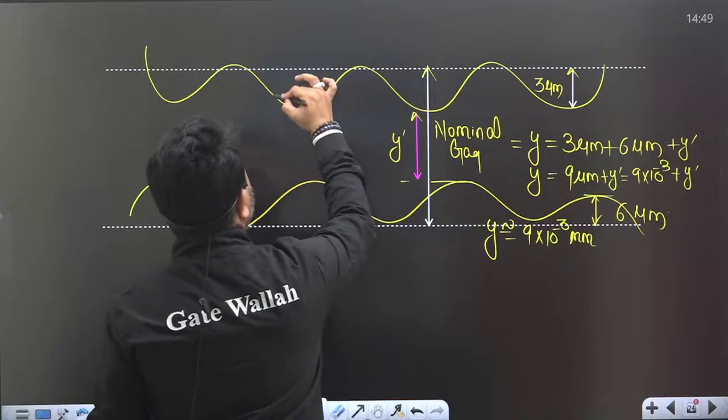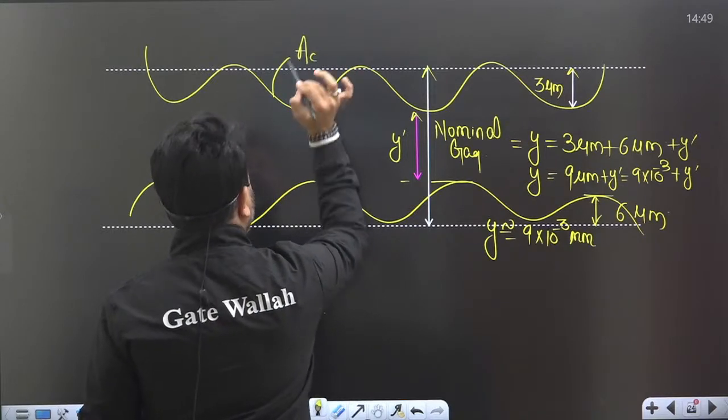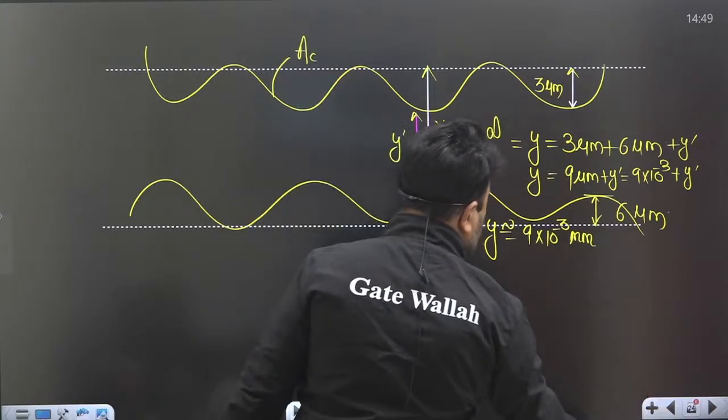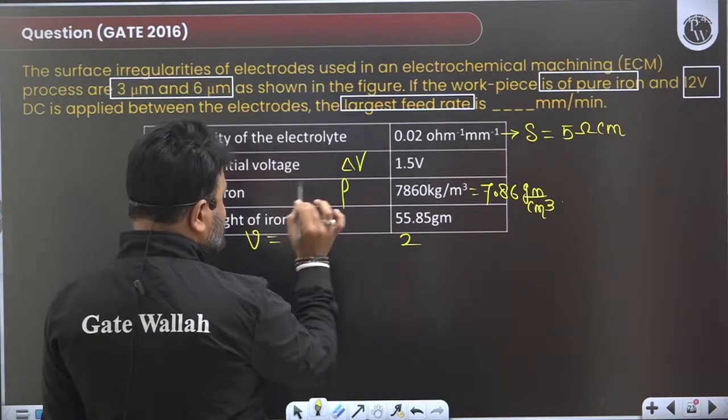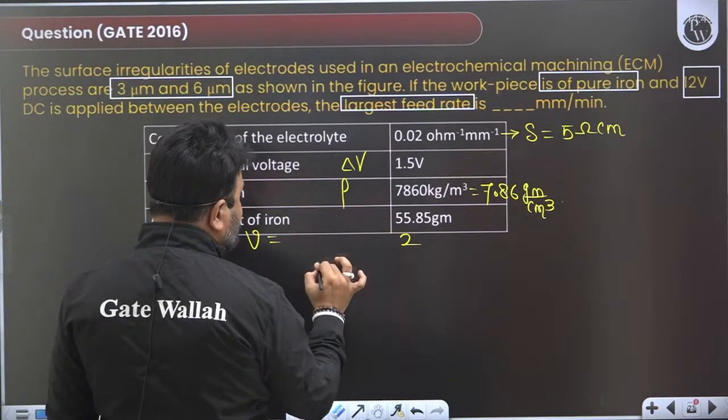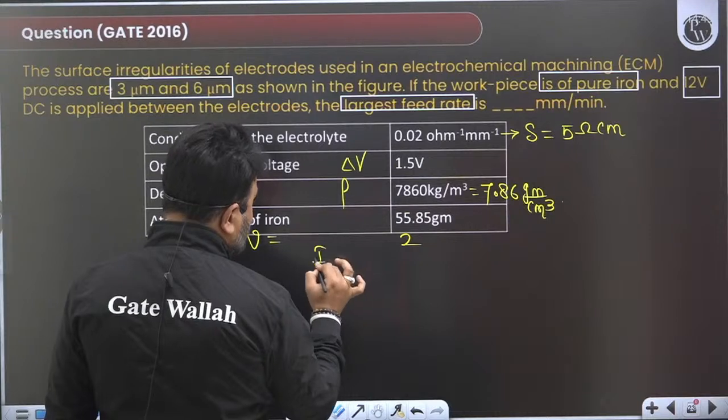Now we assume the cross-sectional area of the electrode is AC. Now we need to find the current first of all. So how can we find the current, that is I?